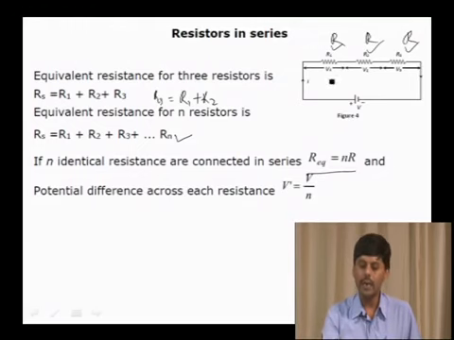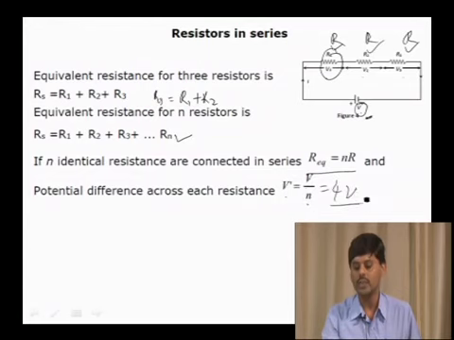Similarly, how do you calculate the voltage across each? The total voltage is V and the voltage across an individual resistor, V dash, is equal to V divided by n. Suppose you are connecting 3 resistors and the total voltage is 12, then 12 divided by 3 gives 4 volts each, meaning voltage is divided equally when equal resistors are connected.